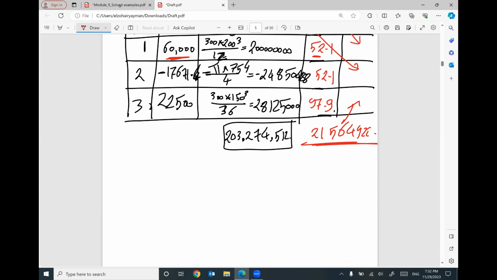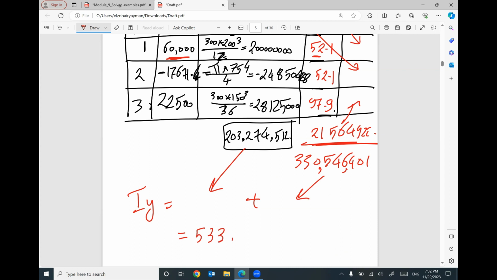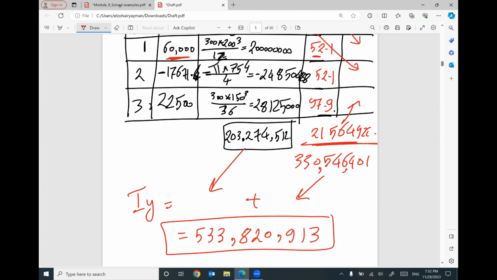It will be 330,546,401. So Iy will be this term plus this term, which will give you a final value of 533,820,913 millimeter to the power 4.